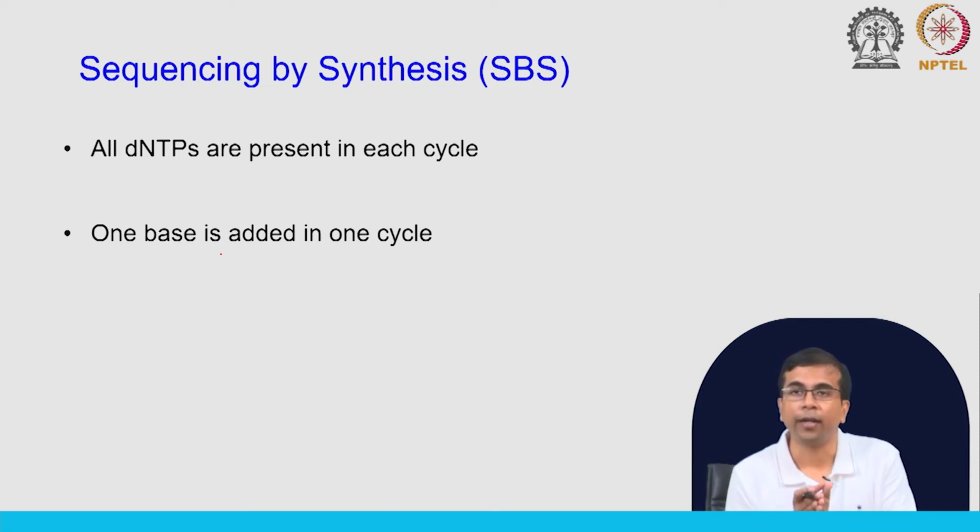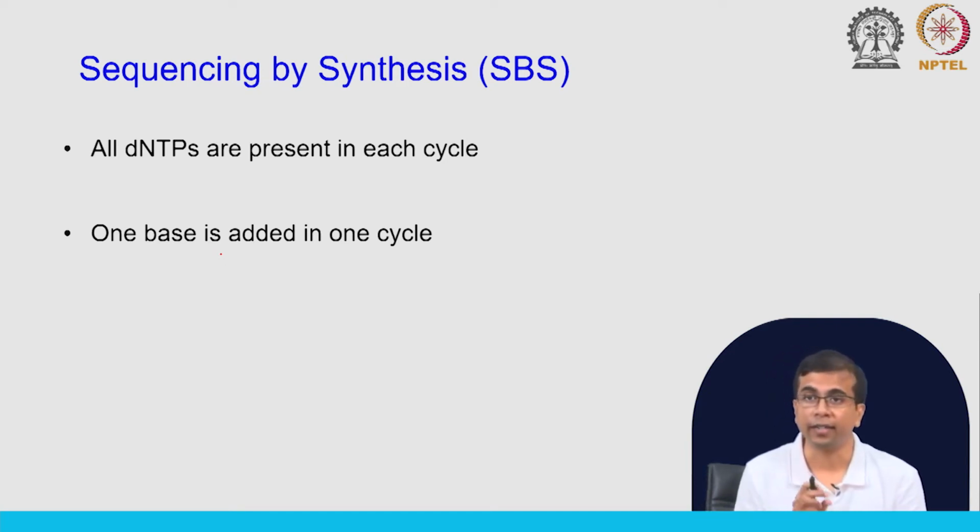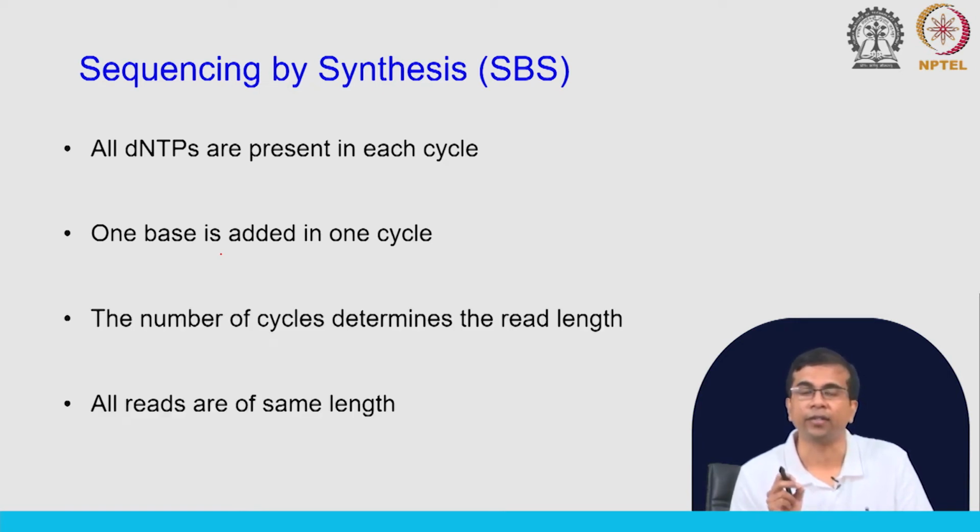And one point that we have seen is that one base is added in one cycle. You do not have multi base additions at once, and this is in contrast to 454 sequencing where there is no limit. So, you can have 20 base addition. If you have 20 A's, they will be added one after another very quickly, and then the signal will be read out, which will be the total signal intensity or the light intensity that we get. Here we are getting signal for one base at a time, and this makes for a very accurate sequencing process.